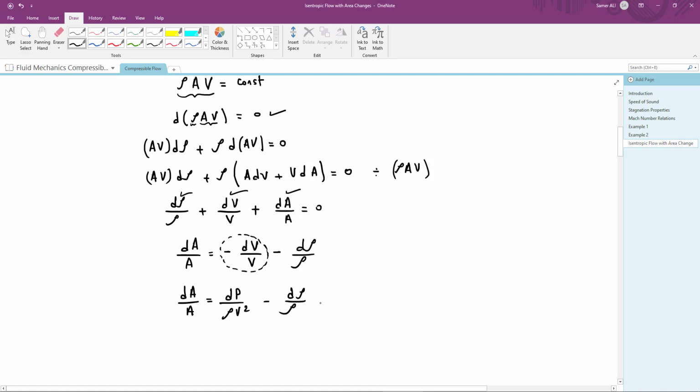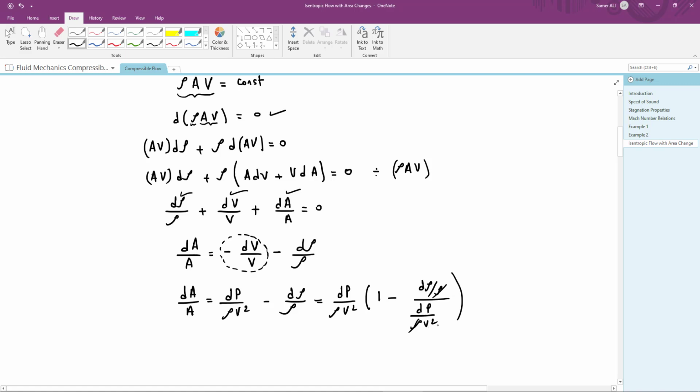So let's take dP over rho V square as a common factor. You will have dP over rho V square times 1 minus d rho over rho divided by dP over rho V square. So let's simplify the densities here, and we will have d rho over dP over V square.